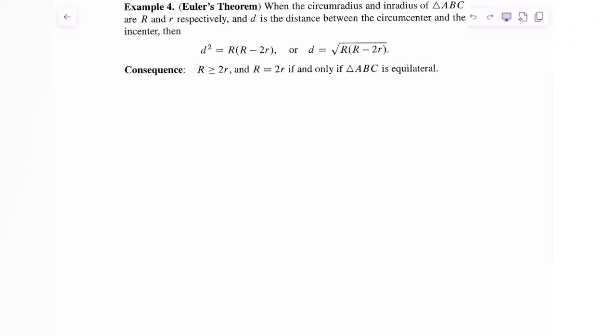So let's just start to prove this. Basically, let's first draw the diagram, okay? Since this is talking about triangle, incenter, and circumcenter, we need, first of all, a diagram to know at least what we're looking at and what we're working with. So we have this, okay?